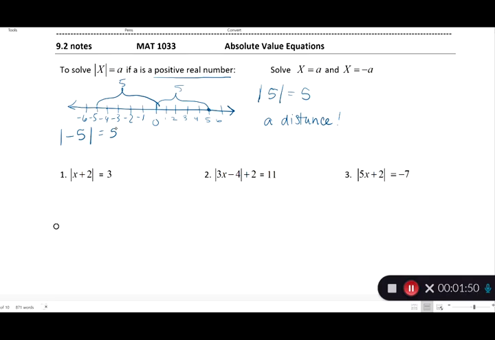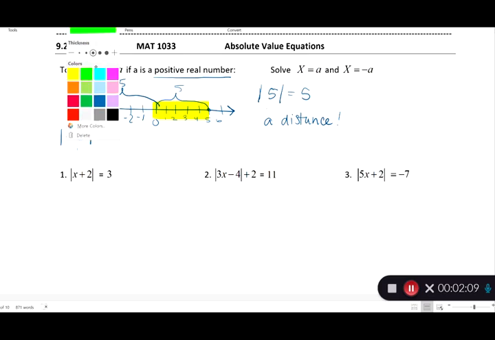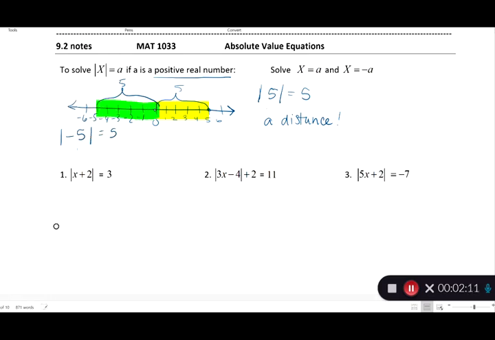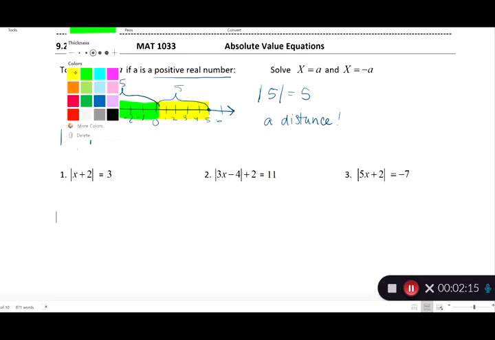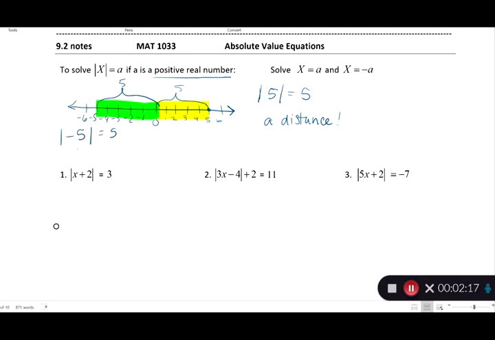It's why you will get the same answer for two different numbers: they're in different directions, but it's the same distance. This one is 5 units from 0, and this one is also 5 units from 0. So please make sure that you understand this definition. It will help you in the long run.